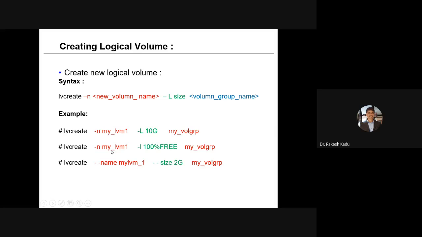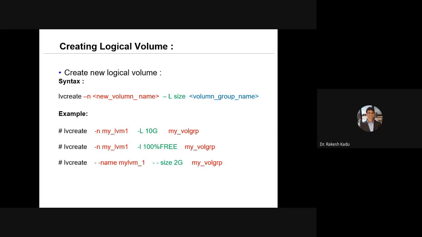lvcreate, this is another way: minus n, then the volume name, minus small l 100% free. So all of the free space, for example, if your volume group has 20 GB and two 5 GB partitions are already created, now how much memory space is left in that volume group? That is 10 GB. But if I don't know how much memory space is available in that volume group, what I will do is take 100% of whatever space remains.